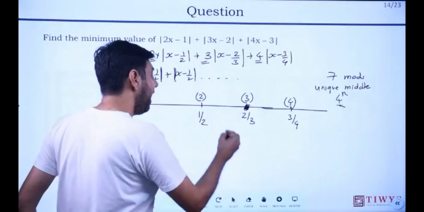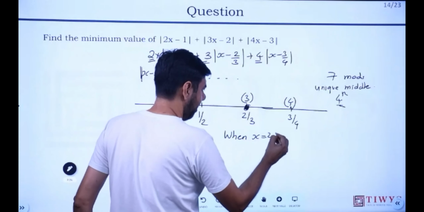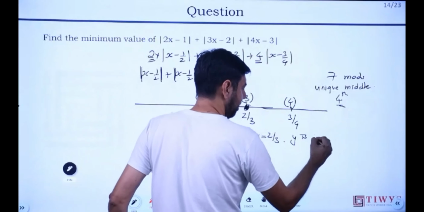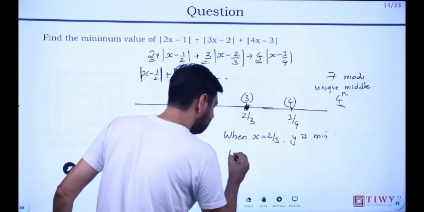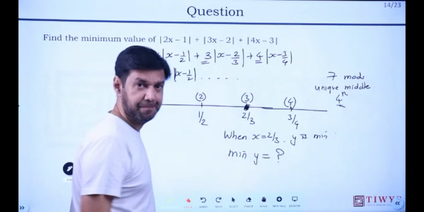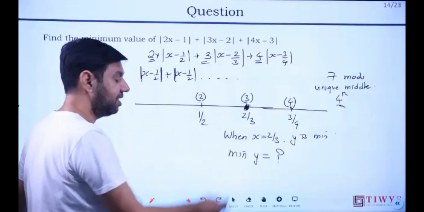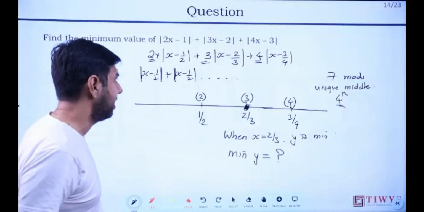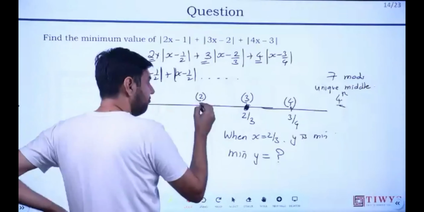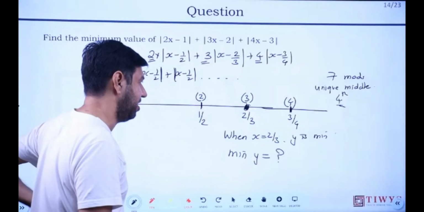So when x is equal to, I hope your answer is not wrong, okay? When x is equal to 2 by 3, y is minimum. But the question is asking us, what is the minimum value of y? How much is it? So what I would do is go the distance way only. I'm not going to go plugging it. You can plug it in also. From half to 3/4, half 0.5, 3/4.